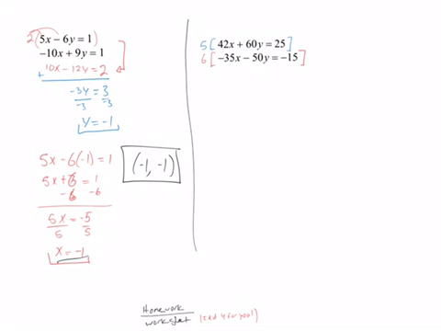I'm going to multiply 5 times that 42. Gives me 210 x's, right, times this, plus 300y is equal to 125.